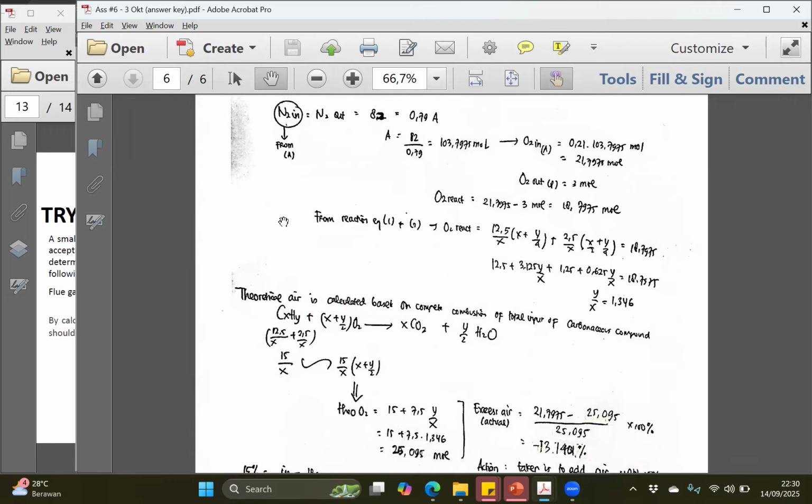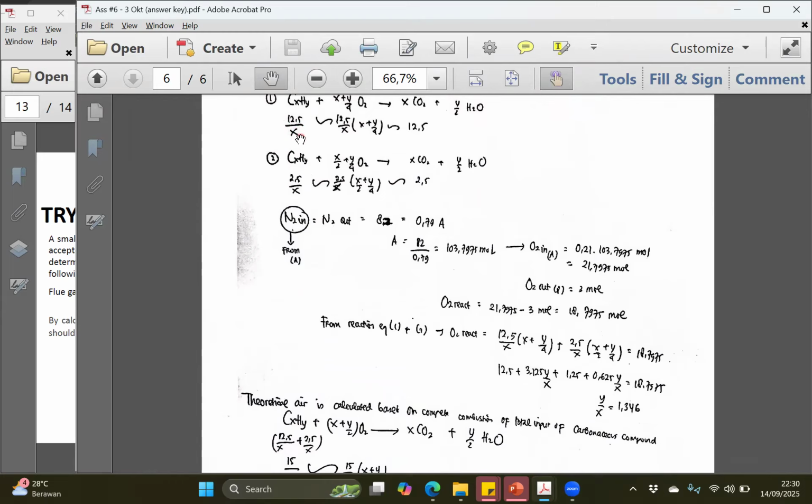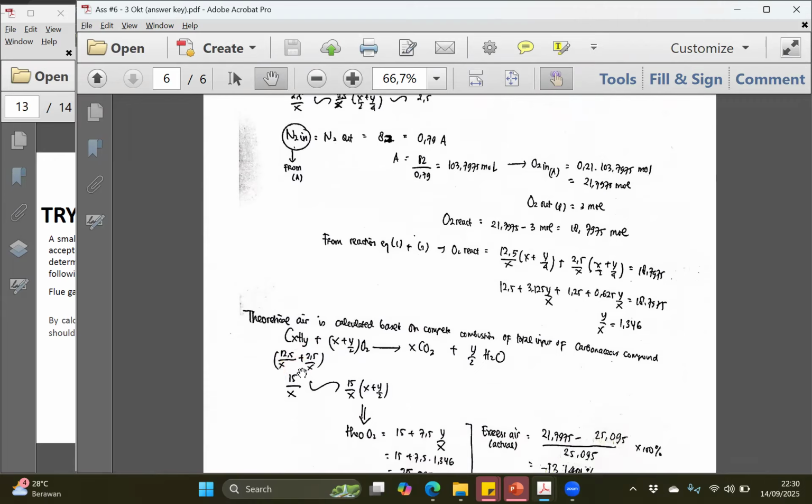We know from the two reactions above that the total mole of the fuel oil is 12.5 over x plus 2.5 over x, so it's 15 over x. This is the total input of fuel oil.